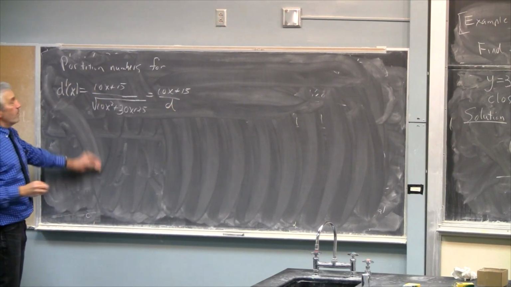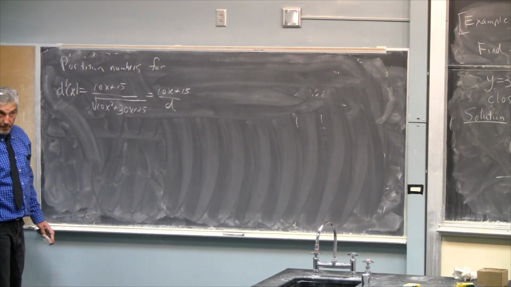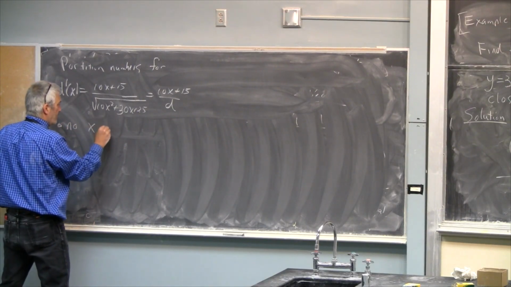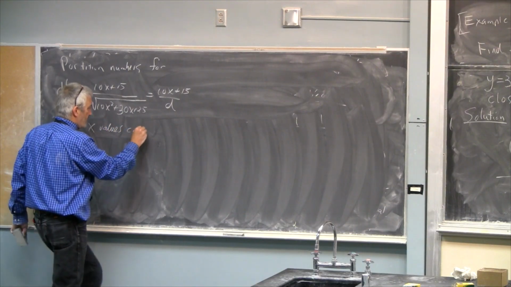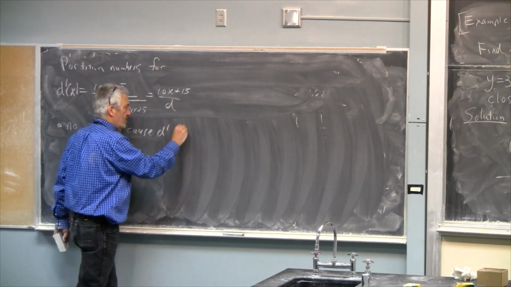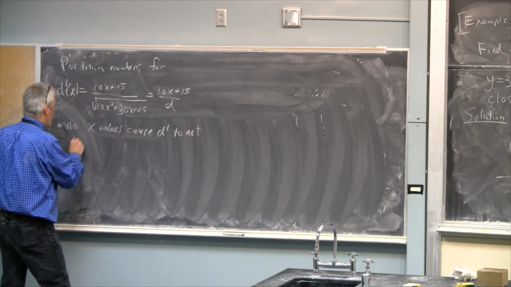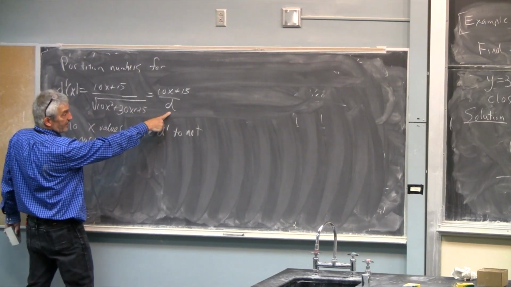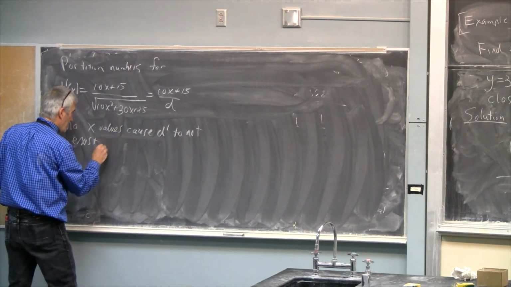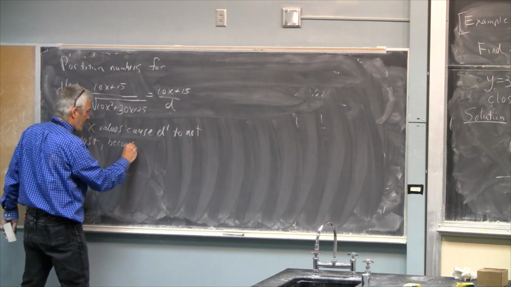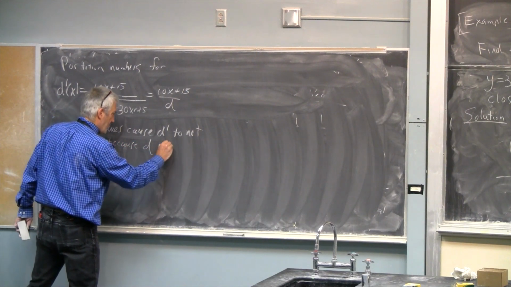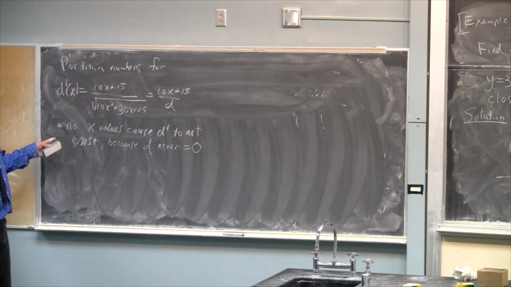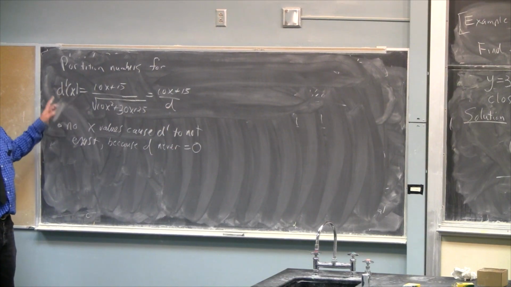So there are no x values that cause d prime to not exist. And that's because the distance d, we already discussed, is never 0. So what are the x values that cause d prime to be 0?